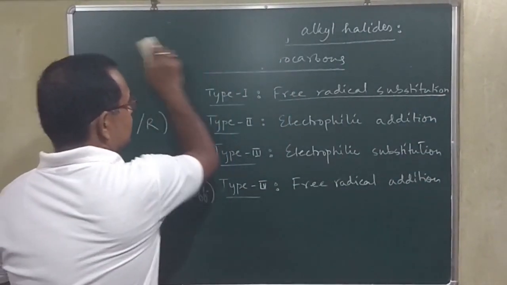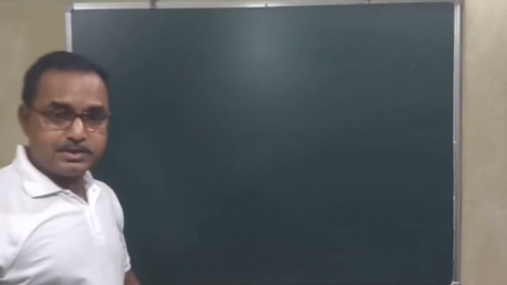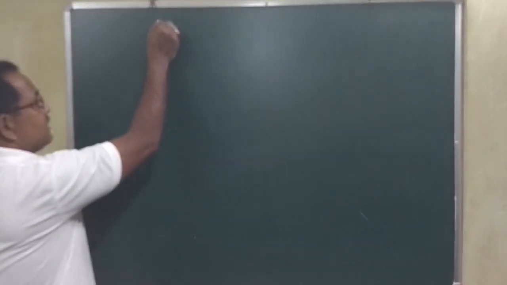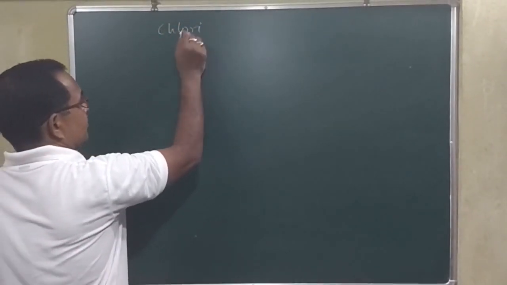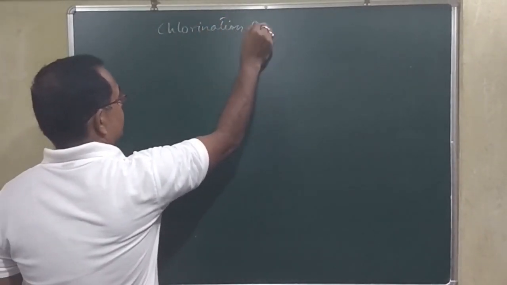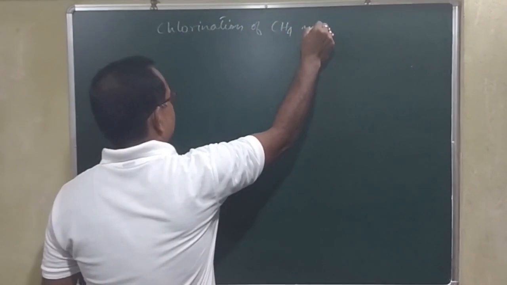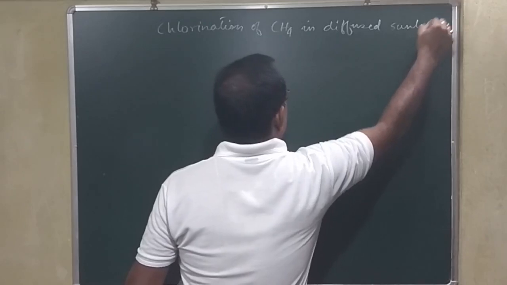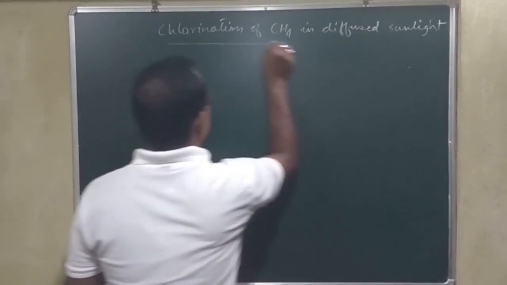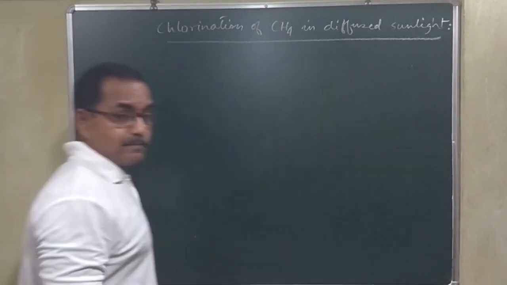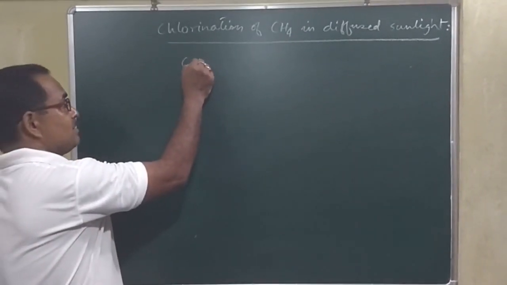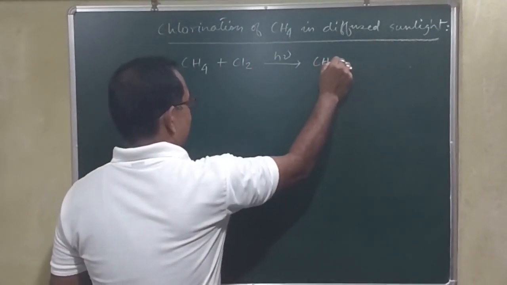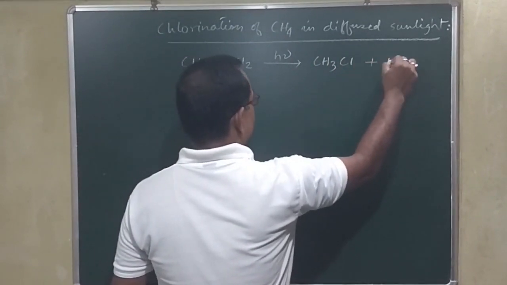For this purpose, we will consider chlorination of methane in diffuse sunlight. The reaction is this: CH4 plus Cl2 in diffuse sunlight yields CH3Cl plus HCl.